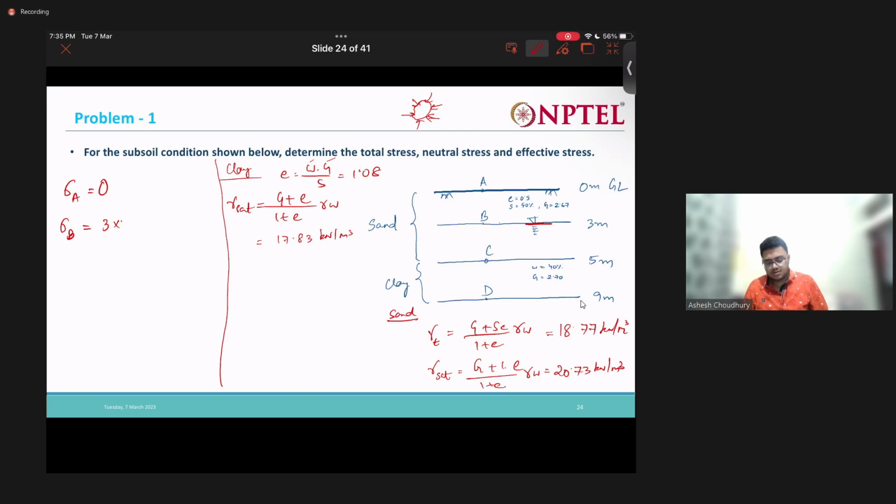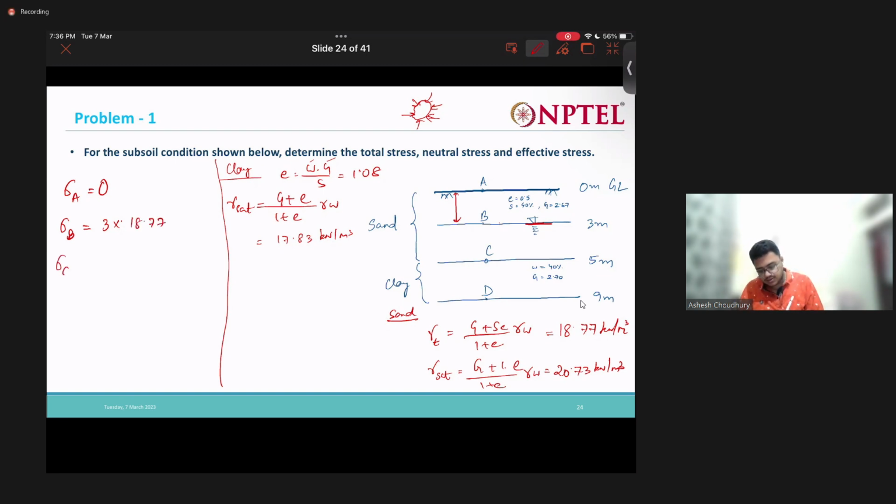Okay, now let us find out the total stress. What will be the total stress at B? 3 into how much? This was gamma total, 18.77.